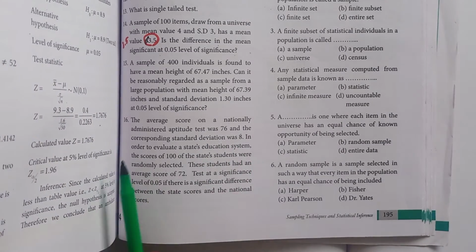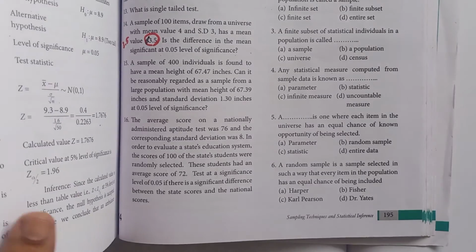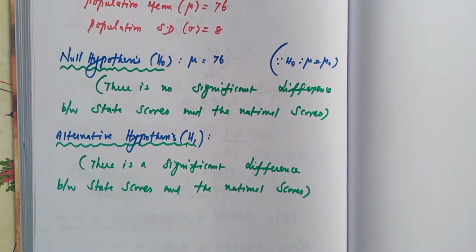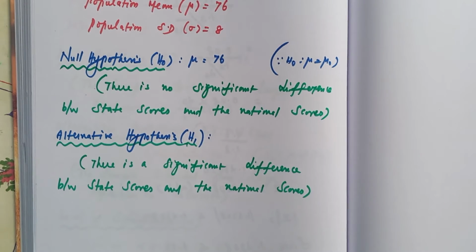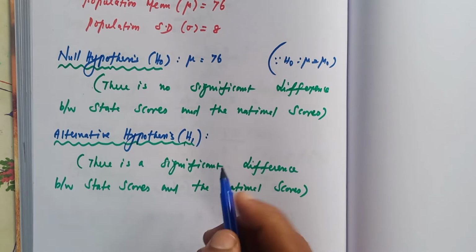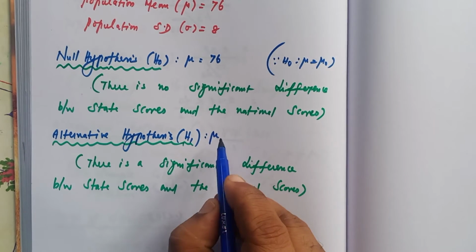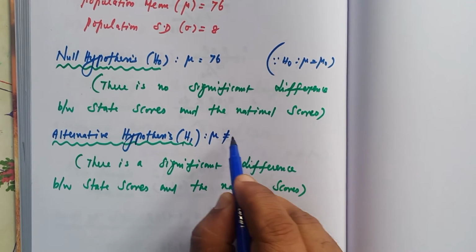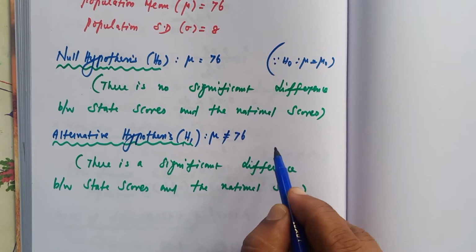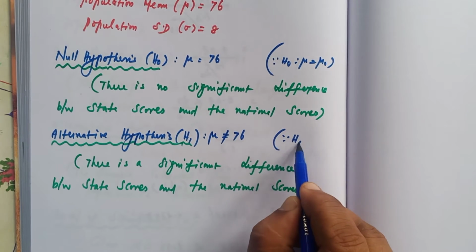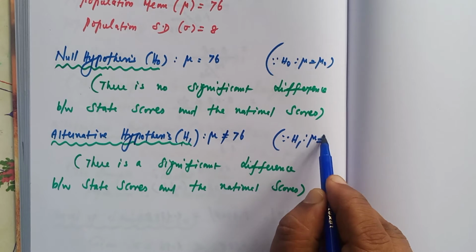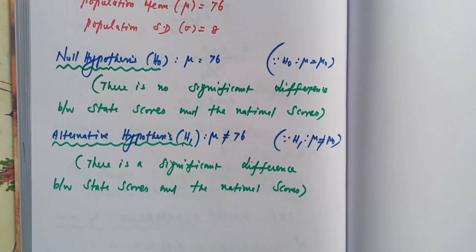So you have to write H1, mu is not equal to mu naught. Mu naught value is 76. H1 such that mu is not equal to mu naught, because it's a two-tailed test.